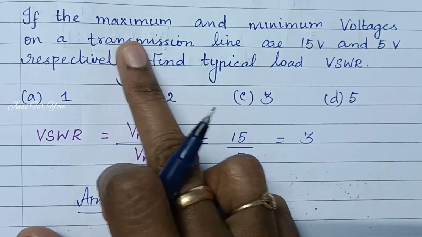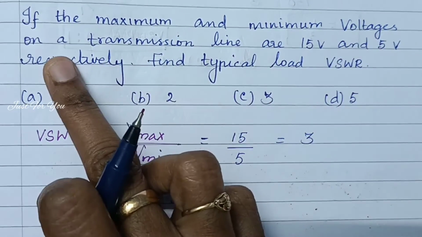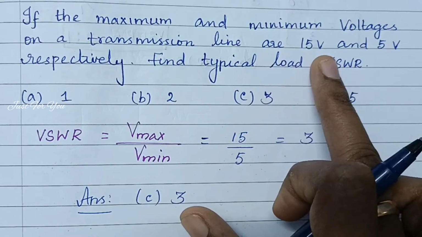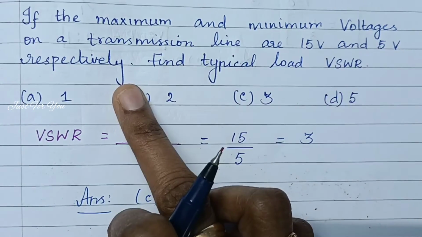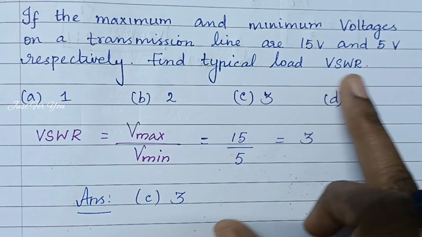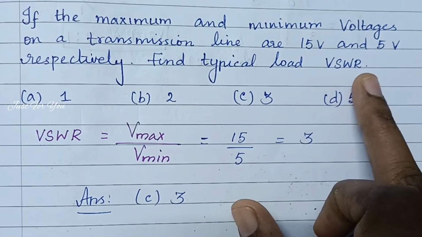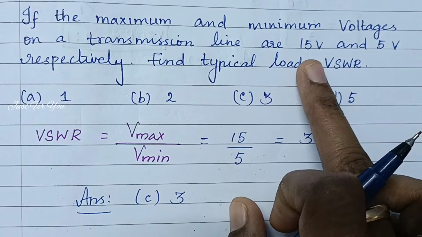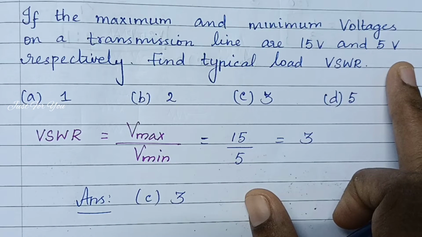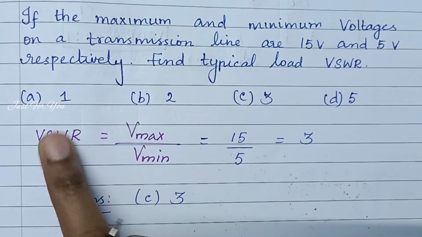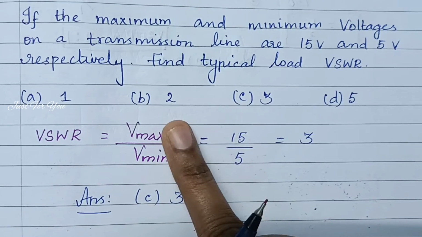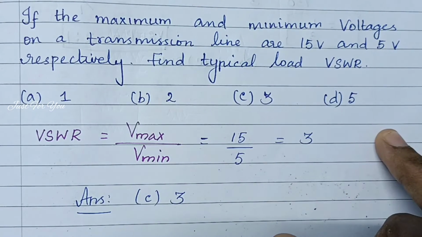Next question, if the maximum and minimum voltages on a transmission line are 15 volt and 5 volt respectively, find the load VSWR. They are asking to find VSWR and they have given the maximum voltage and the minimum voltage on a transmission line. Four options are given, option A 1, option B 2, option C 3 and option D 5.